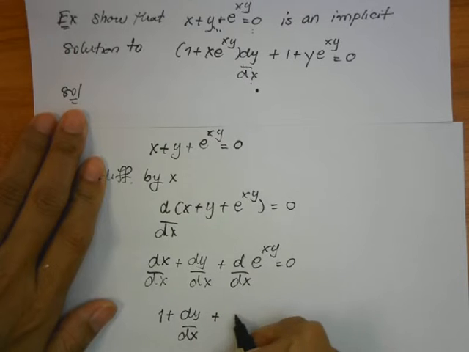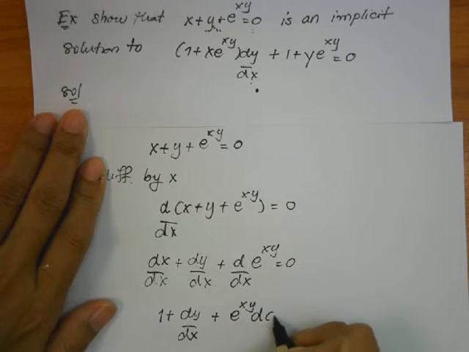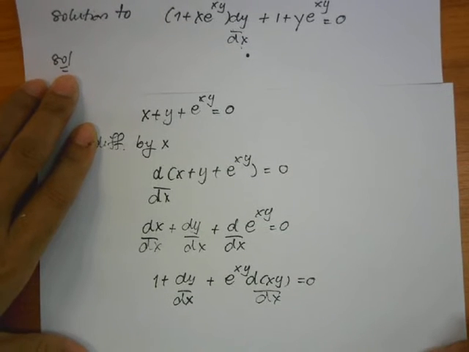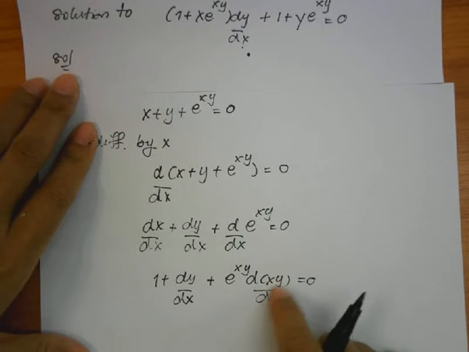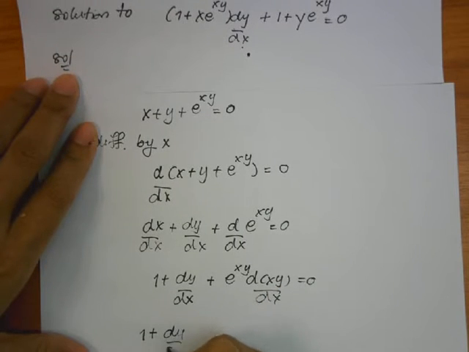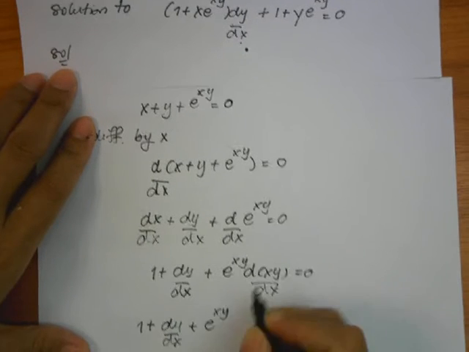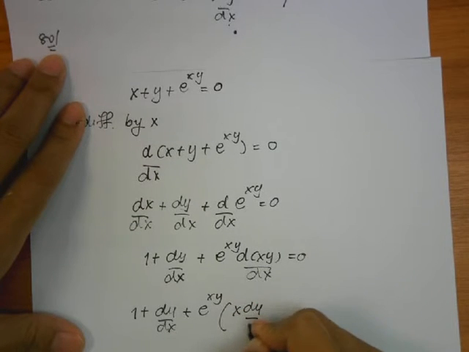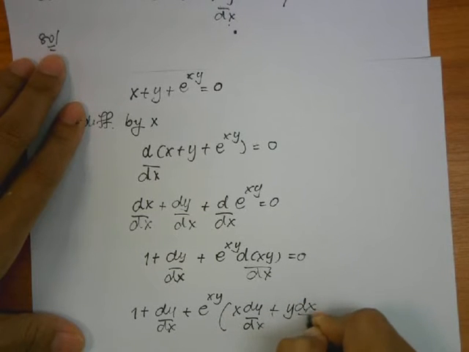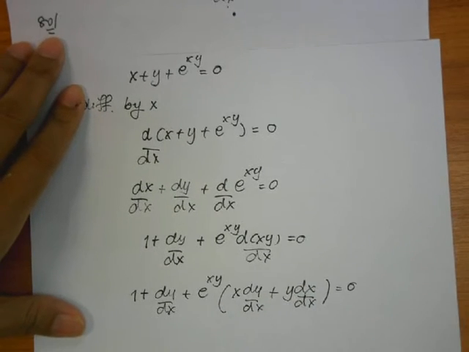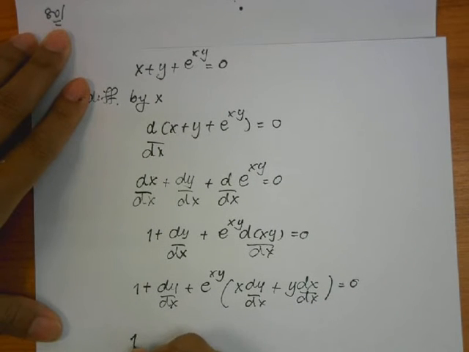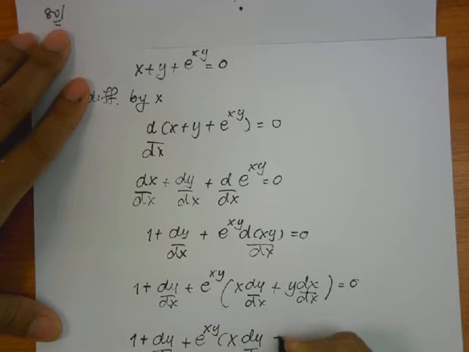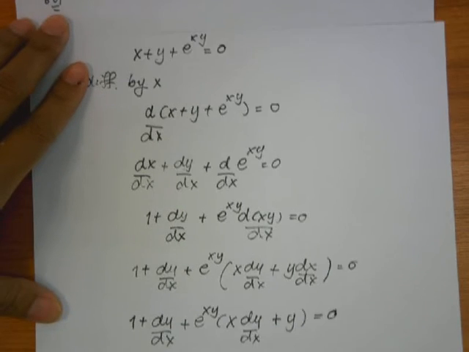What do you get? You get exponential of xy times d(xy) by dx. d(xy) by dx, you get x dy by dx plus y dx by dx, or x dy by dx plus y, because dx by dx equal to 1.